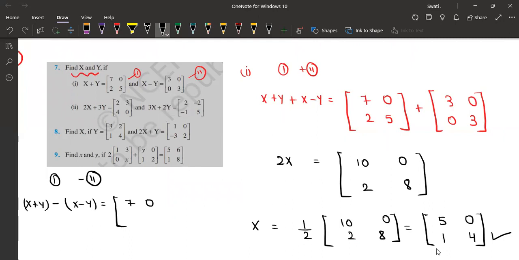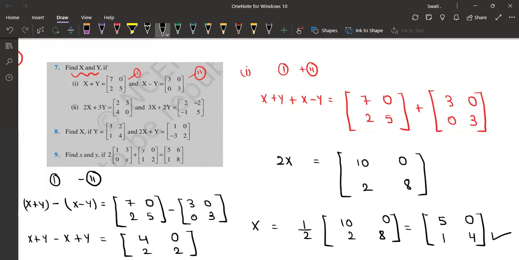It's simple: 7, 0, 2, 5 as it is, and now you have to subtract 3, 0, 0, 3. If you remove the brackets, x plus y minus x, and minus into minus is plus y. And if you subtract the matrices, 7 minus 3 is 4, 0 minus 0 is 0, 2 minus 0 is 2, 5 minus 3 is 2.